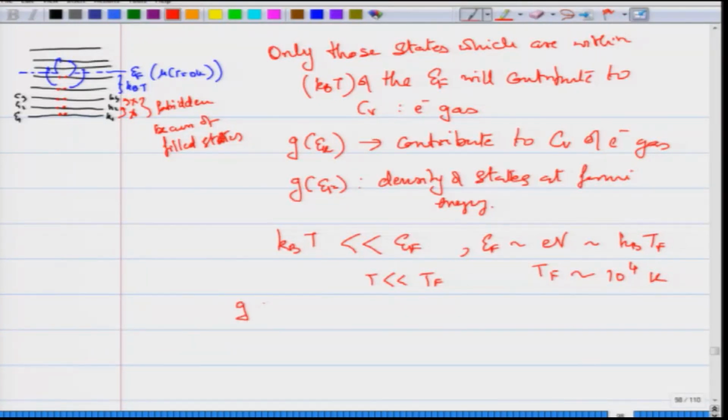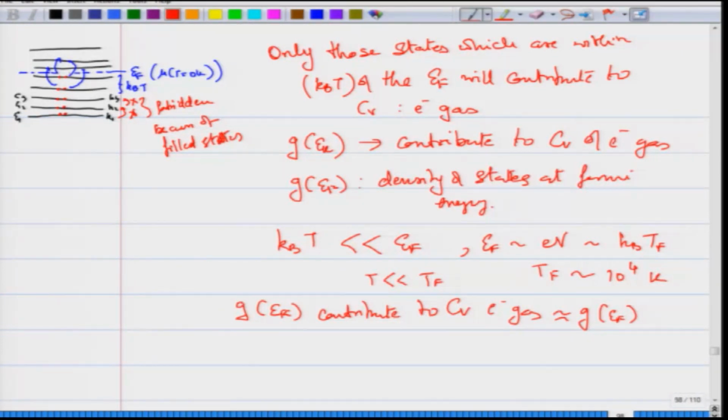So, the density of states which contribute to the specific heat of the electron gas are the states which are near the Fermi energy, because this kBT is really very small compared to the Fermi energy.